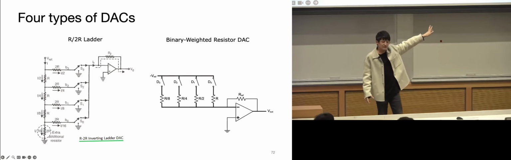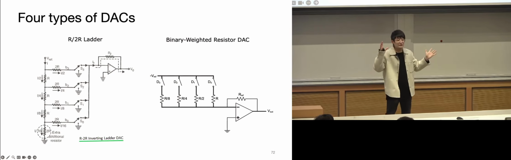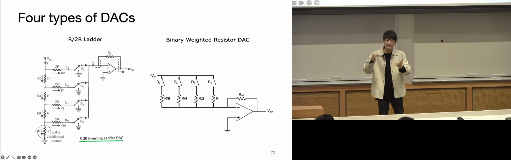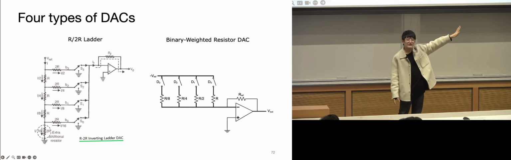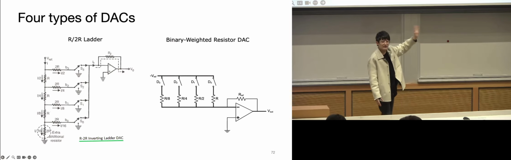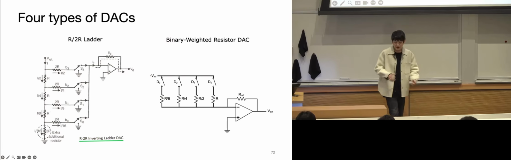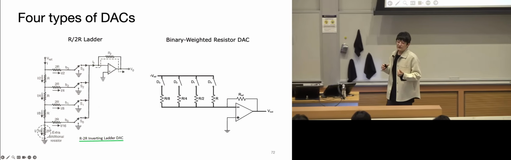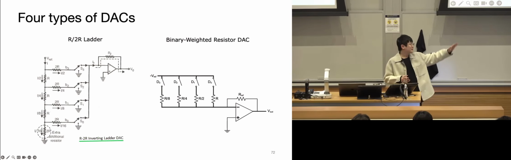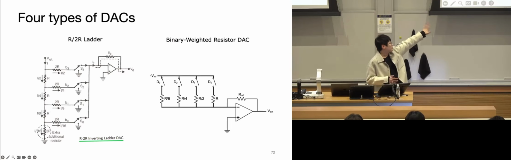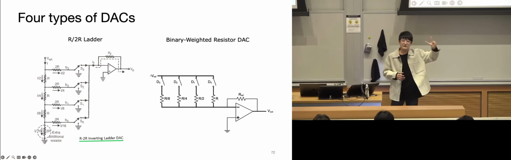It's going to be a bit tricky because you're going to run out of resistor values, if you think about it. If you start with 1K, and then divide by 2, divide by 2, divide by 2, the last one would be what, 1 ohm or something, which is probably going to be very hard to manufacture. Imagine if you have 20 bits. But on the R2R one, regardless of how many bits you add, it's still just 2 values you need to worry about.